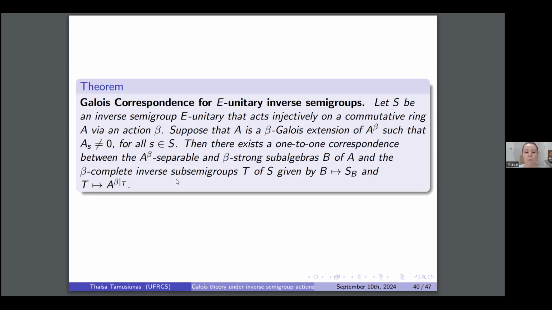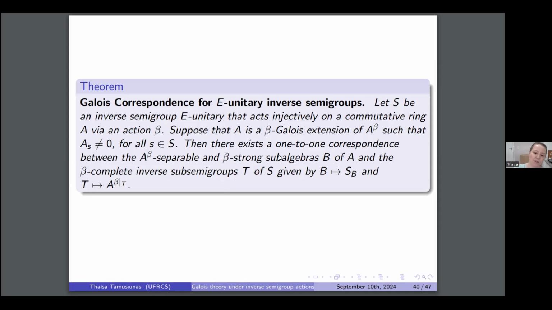Here we have more subalgebras and more inverse semigroups appearing than in the orthogonal case. Because in the orthogonal case, many ideals were zero, and then in the correspondence there are fewer structures appearing. And here we are considering all the beta separable and beta strong subalgebras.